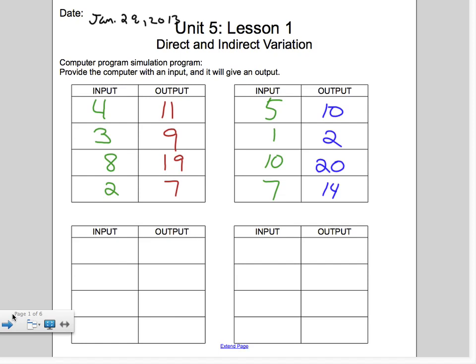4? So 4, and I'm going to do this to make it weird.